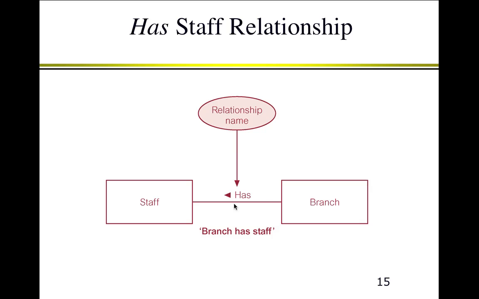You don't actually have to put the arrows in. The arrows are just for syntax reasons. Because you can say branch has staff. It sounds better that way instead of saying staff has branch. Well, staff doesn't usually have branch. And the words that you use for the relationship might be different. Might be works for, contains, has, is a member of, is something.